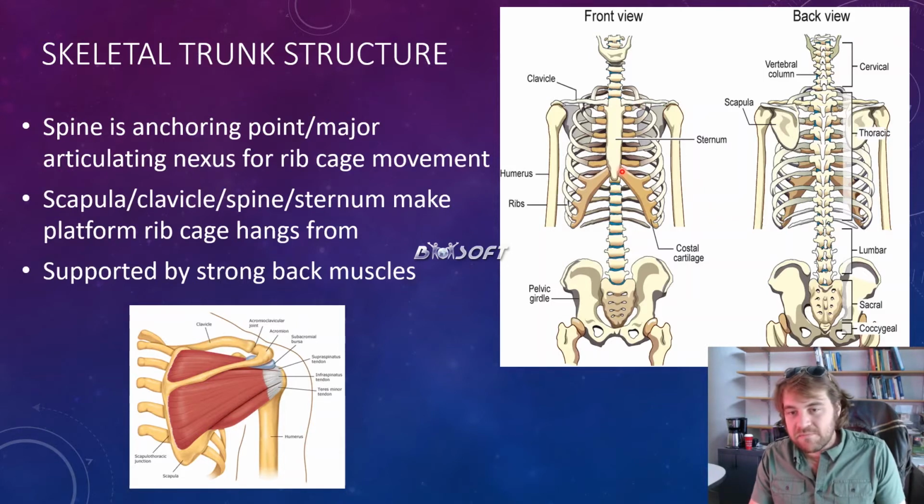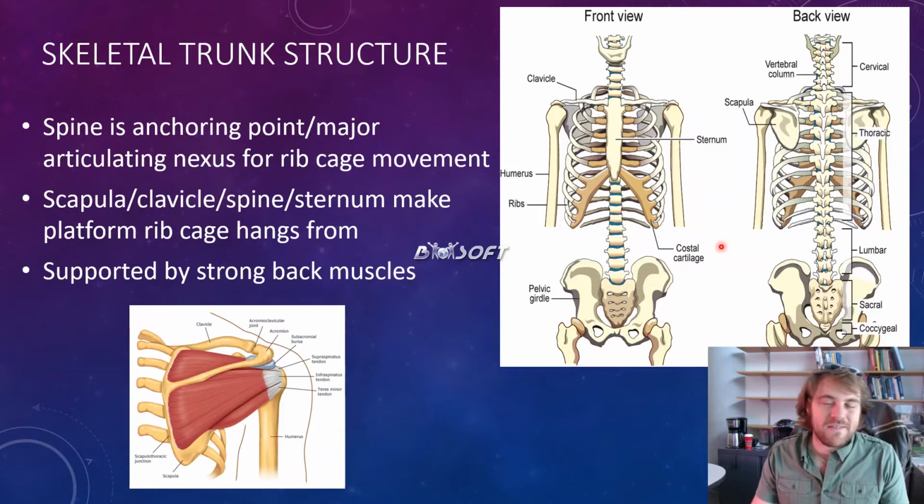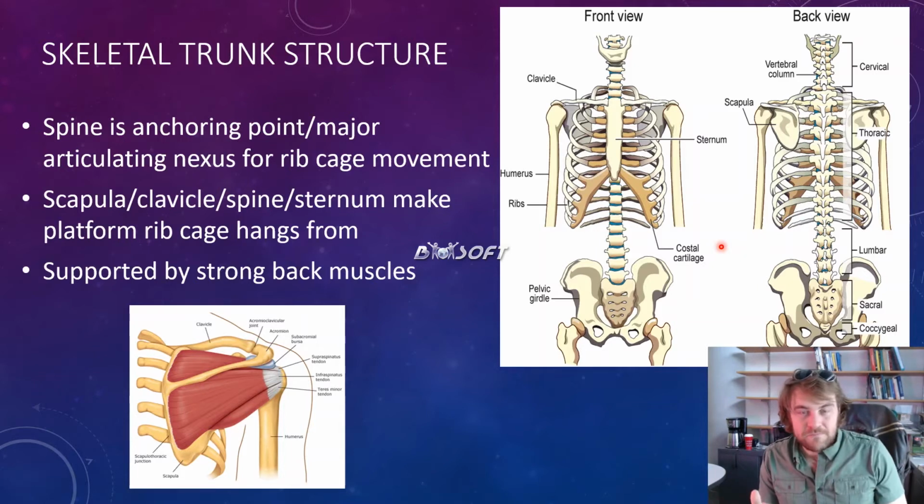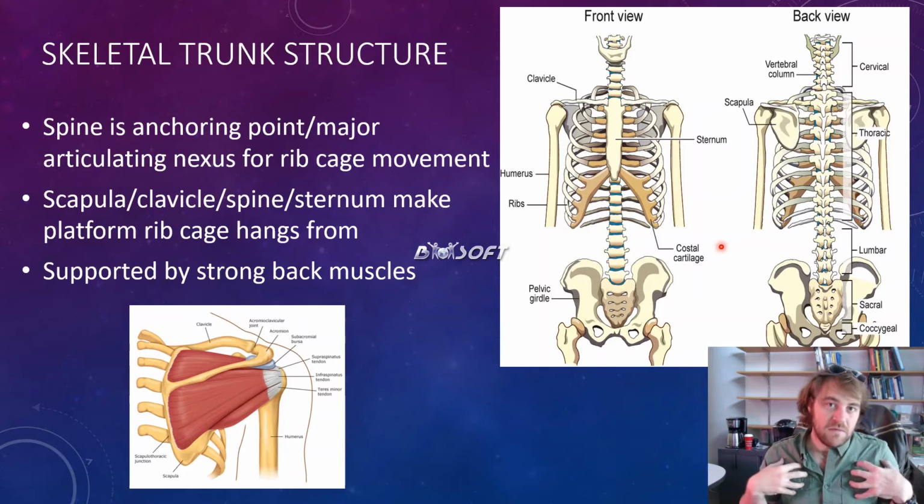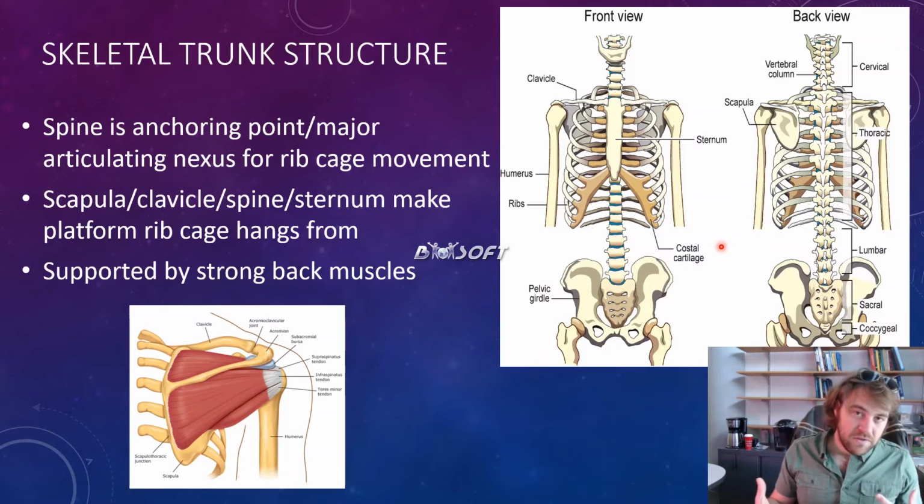So everything above this line right here kind of depends on the spine as its main point of contact. The spine is bolstered by a whole bunch of muscles, and we're going to talk about those muscles next week, at least the muscles that are important for moving the rib cage and breathing.